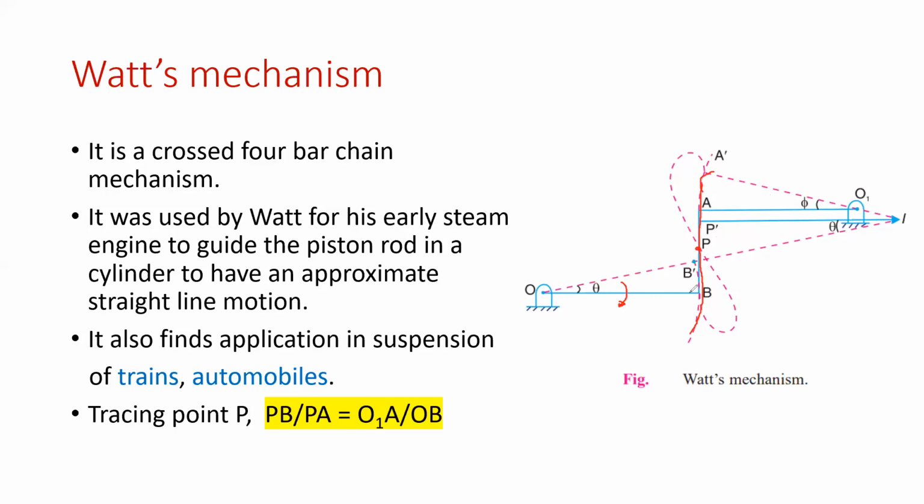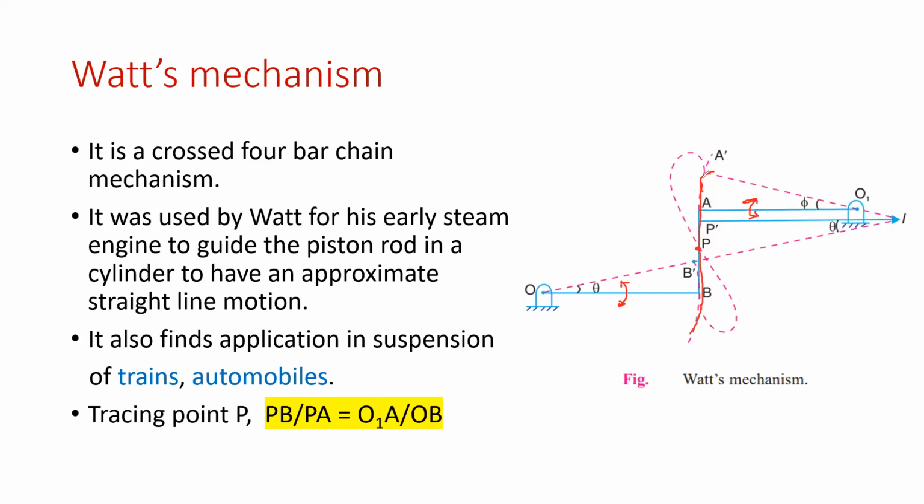Link OB will oscillate in angular directions like this. Then link O1A will again have angular oscillations. It will oscillate about point O1. During these angular oscillations, the link AB will be moving in this path.